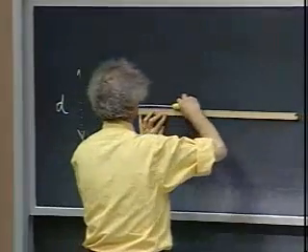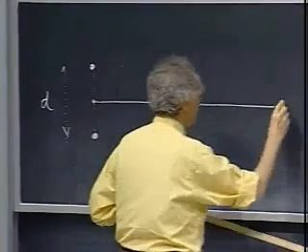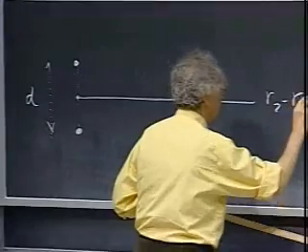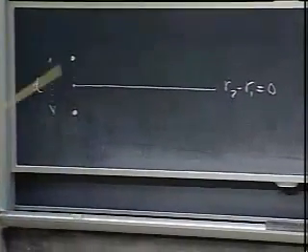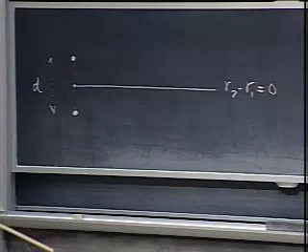So this line, it's immediately clear that R2 minus R1 is 0 here, if the 2 are in phase. And they always have to generate the same frequency, of course.